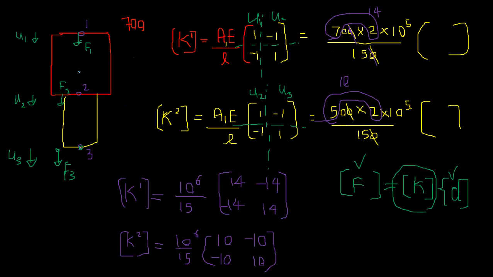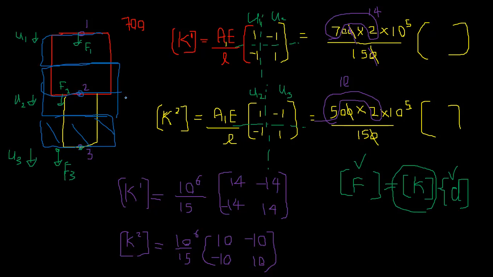Because we are calculating at each node. So we need to give the representative self weight to each node, right? So the simplest way is this part is taken by this node and this self weight is taken by this node. This part is taken by this node, right? Half of these into 3, half of these into 2. Half of the top part is to 2 and half of this part into F1.